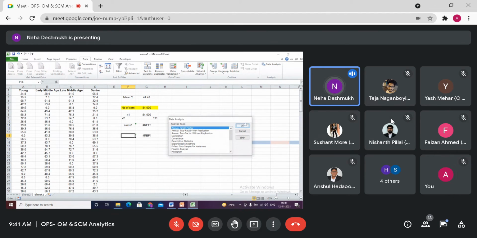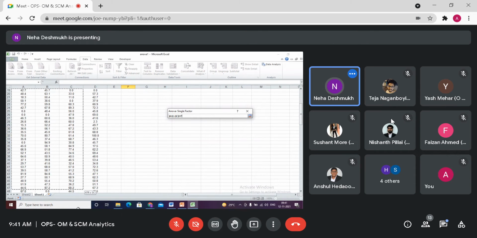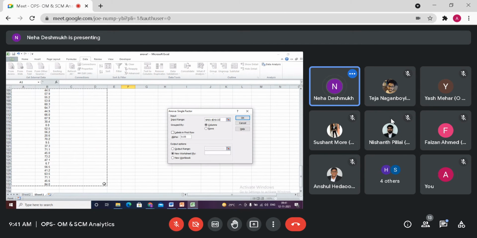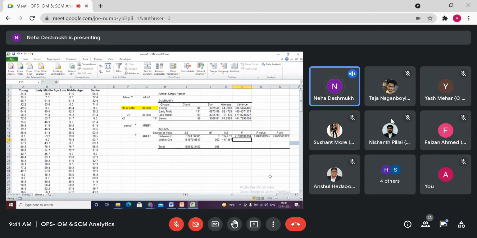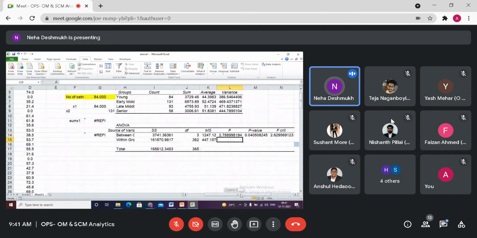In this case, only one factor is there. For the input range, select the whole input range, with labels in the first row. For the output range, select the cell where you want it, and click OK. See, this is our analysis result.